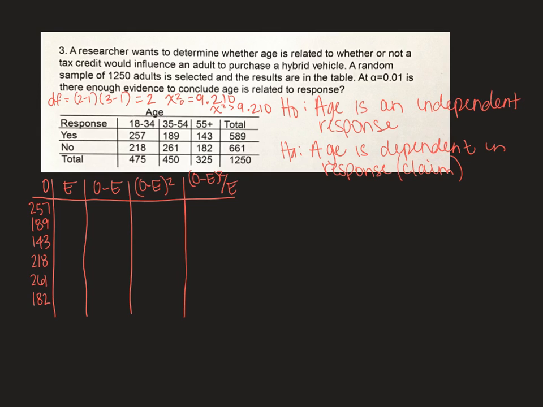And then I'm going to find my expected values. So I'm going to start with row 1, column 1, and I'm going to go across the rows. So 589 times 475 divided by 1250 gives me 223.82. 589 times 450 divided by 1250 gives me 212.04.